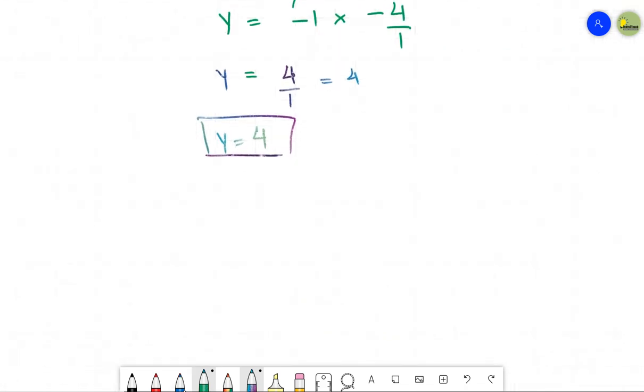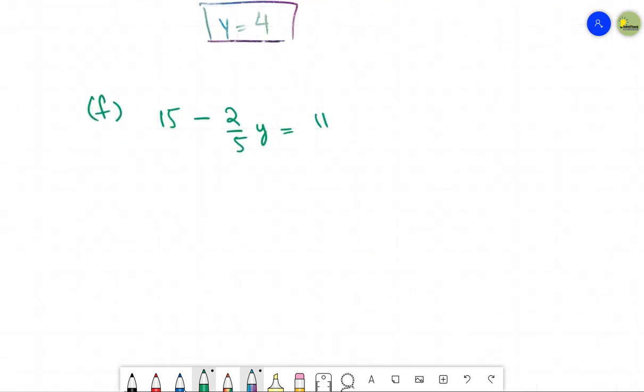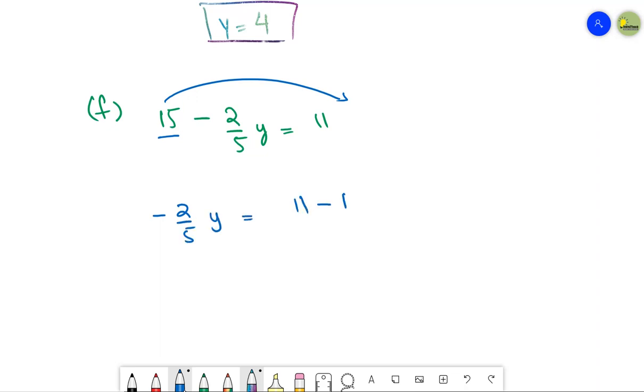Now the last part is part F. In part F, I have given 15 minus 2 upon 5y equals to 11. First of all, you need to shift 15 to the other side of the equation. It becomes minus 2 upon 5y equals to 11 minus 15.